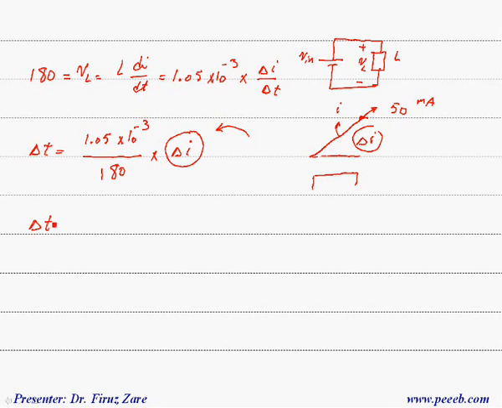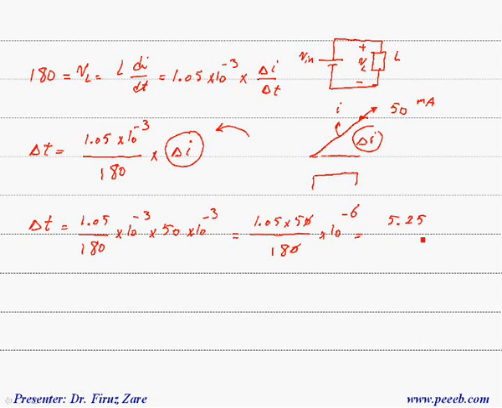So delta T equals to 1.05 over 180 times of 10 to the minus 3 times of 50 milliamps, which is 10 to the minus 3, that equals to 1.05 times of 50 over 180 times of 10 to the minus 6, or we can simplify that, which is 5.25 over 18 microsecond.